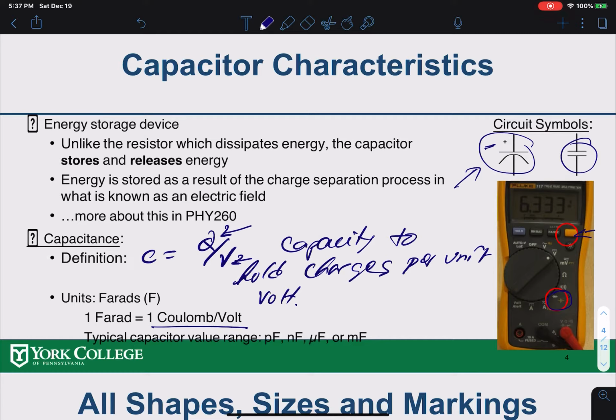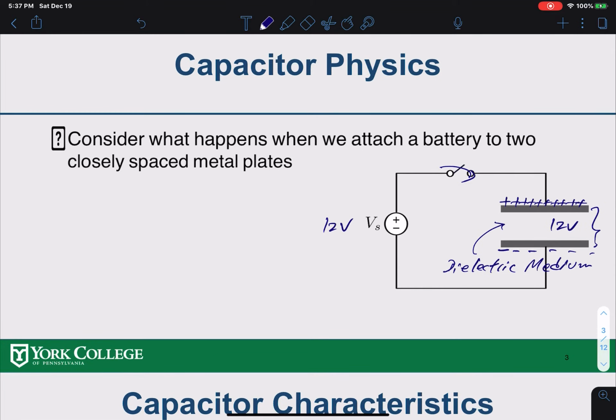So if I go back to the last slide, that's what I'm saying over here. There's 12 volts over here. If we hold, let's say, 100 coulombs of charge, then your capacitance would be 100 coulombs over 12 volts.